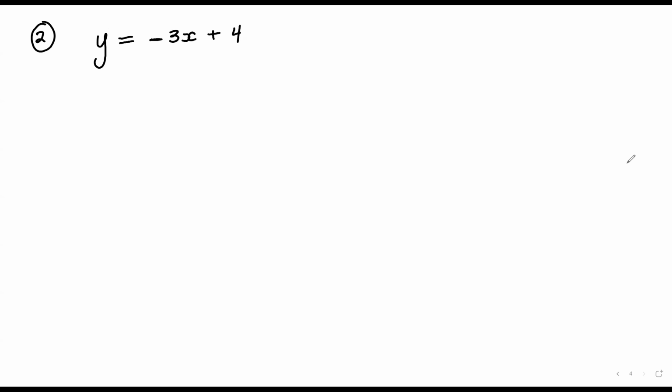Okay, let's look at this question here. Tell me, what is the gradient? What is m and what is c? M is -3 and c is 4. That's right. So what kind of graph am I expecting? Like first one, second one, third one, or fourth one?